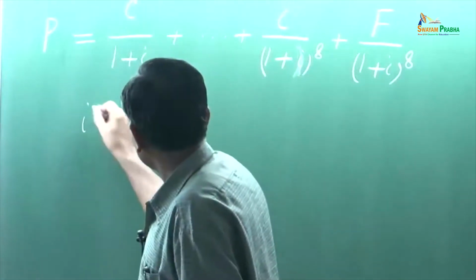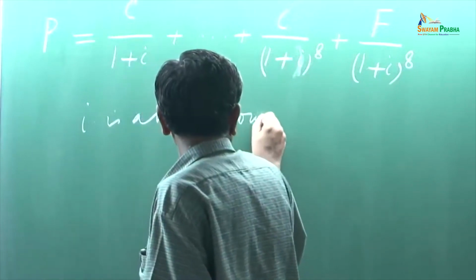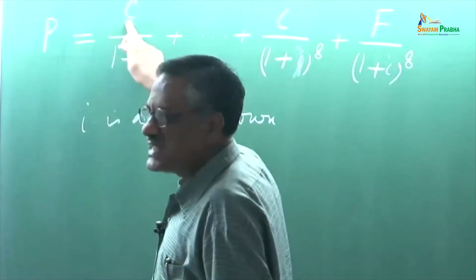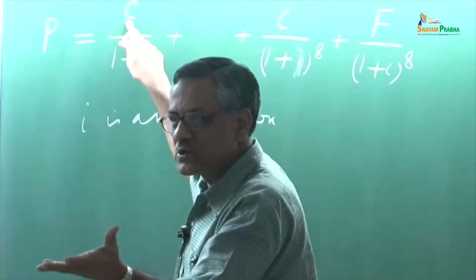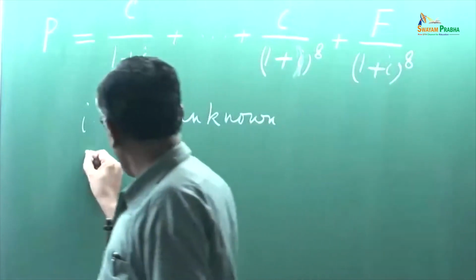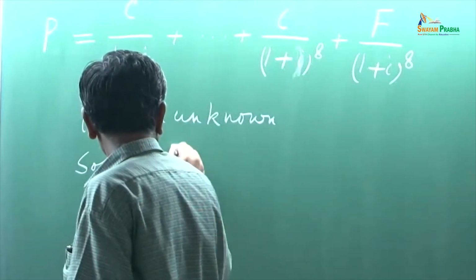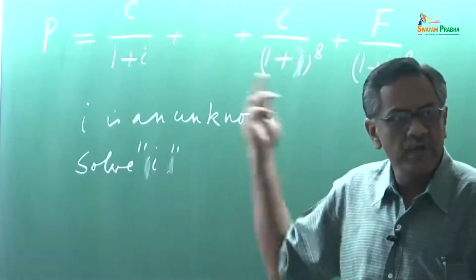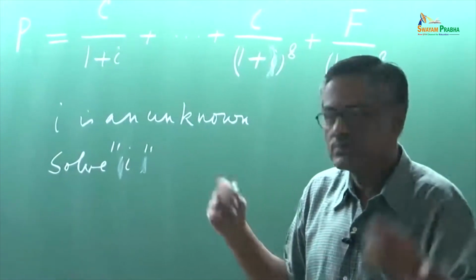This I is an unknown, which, given the value of P in the market and the C value which is written on the bond, 10%, so I can calculate what C is, and the face value which is written on the bond, I solve for I from this equation. This becomes one equation, a polynomial, in one unknown. I can solve it.